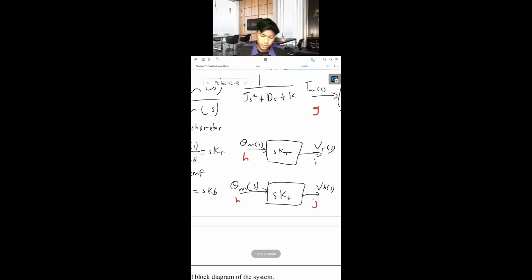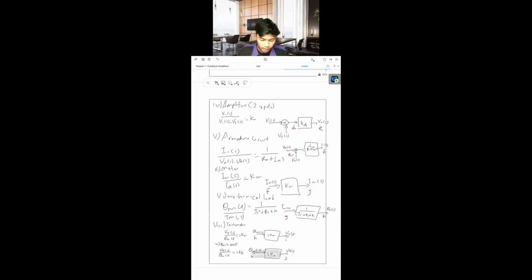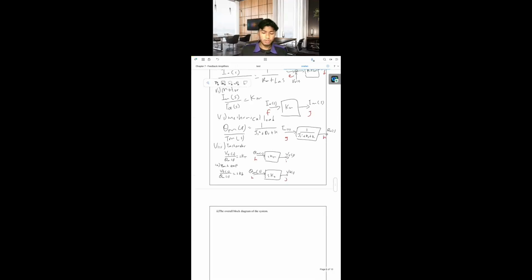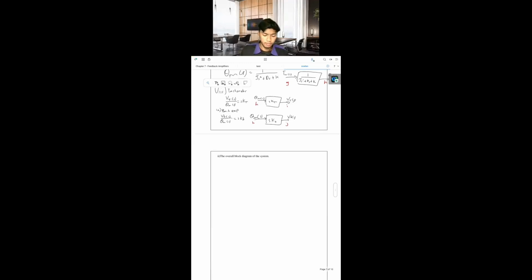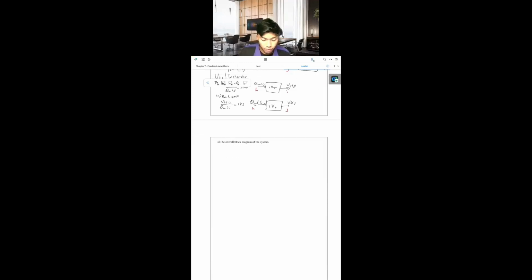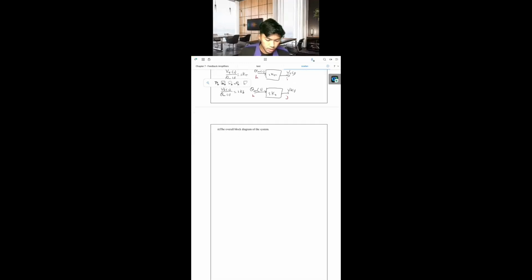So now we have the block diagram for each subsystem, and with the labels we can easily draw the overall transfer function.